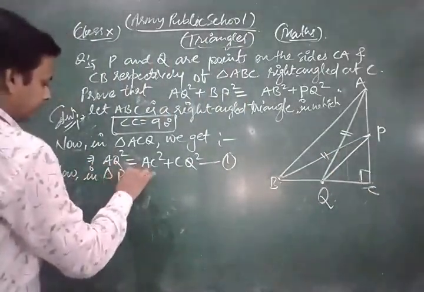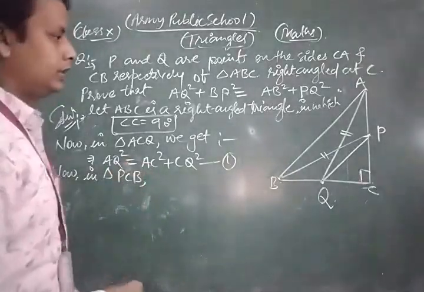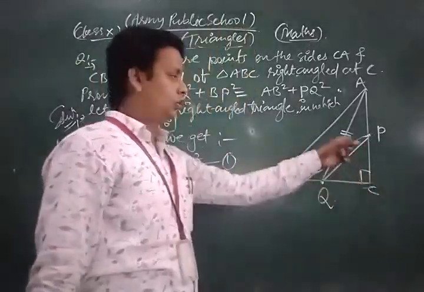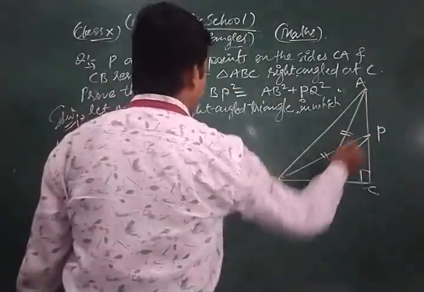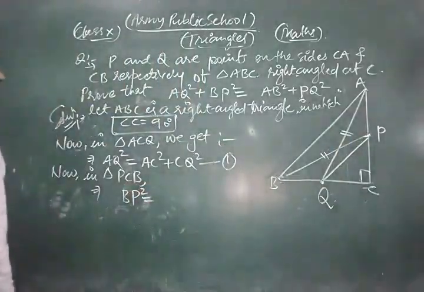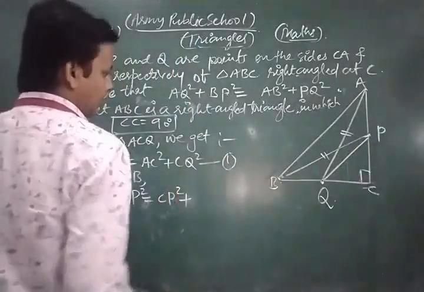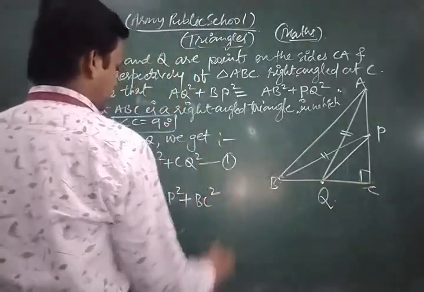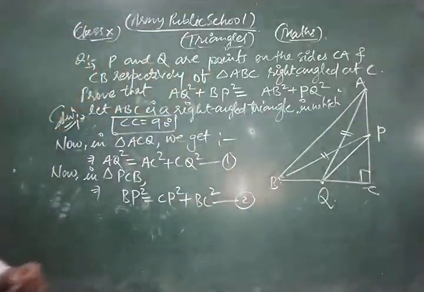Now in triangle PCB, right angled at C, so BP square is equal to CP square plus BC square. Take equation number 2.